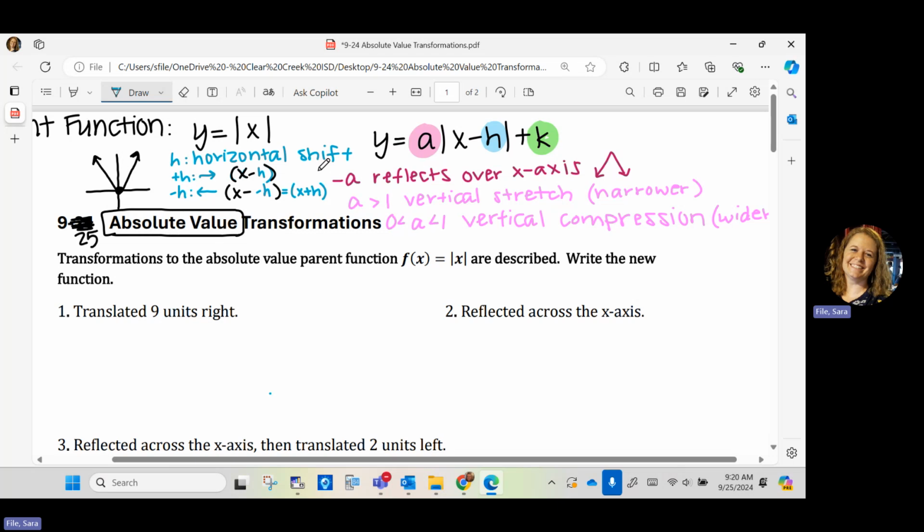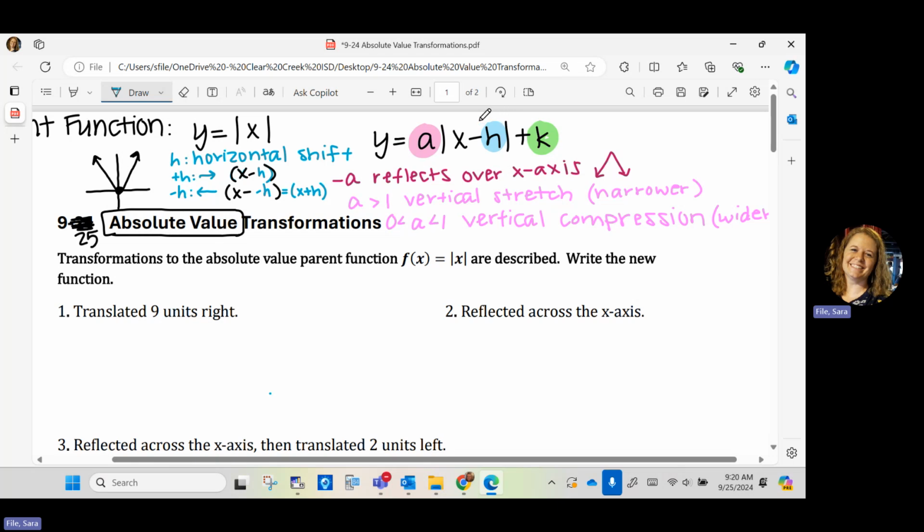And we talked more extensively about that in those notes last week. So in your equation, if you see a minus sign, that's actually a shift to the right. If you see a plus sign in your equation here inside, that's actually a shift to the left. Okay, so that's what I mean when I say it's the opposite of what you would think.